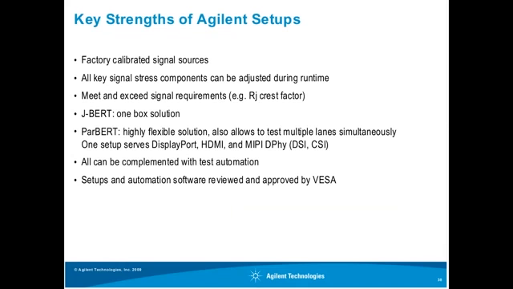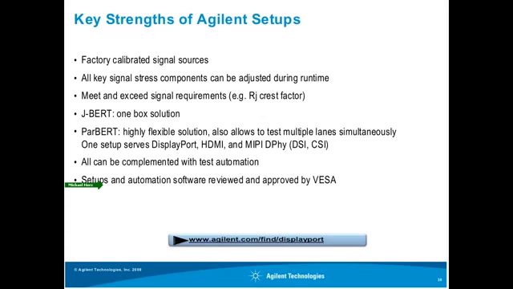And one setup actually does not only serve DisplayPort as a video standard, but could also be used for HDMI testing or for MIPI D-PHY testing, which is a video interface for embedded solutions, for mobile solutions, which focuses a lot on power saving. All setups can be complemented with test automation, and all setups and the automation software are reviewed and approved by VESA. So these are certified products for compliance testing.